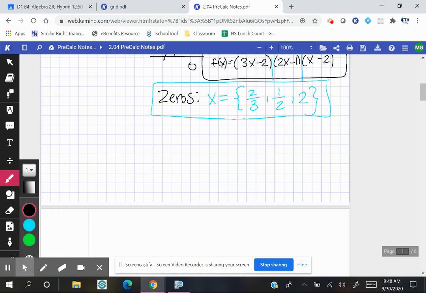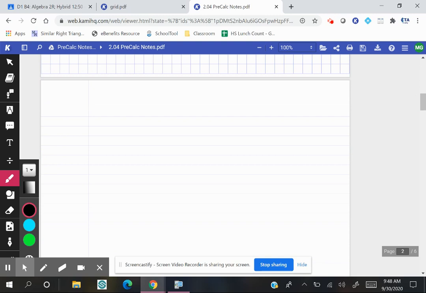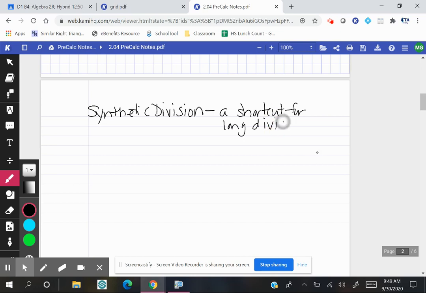All right, now let's review our synthetic division. So synthetic division, if you remember, is like a shortcut for long division. The only issue is we can only use it if it has an x minus k.